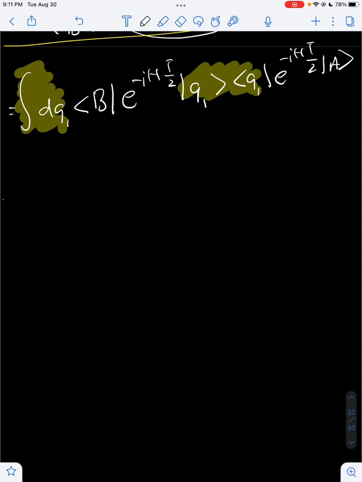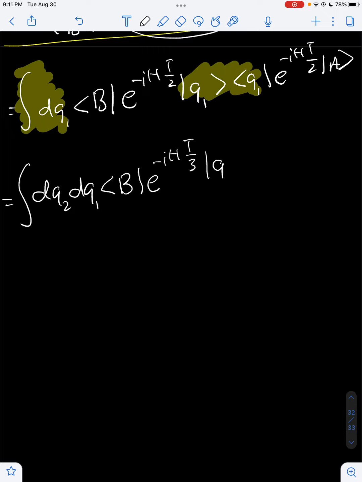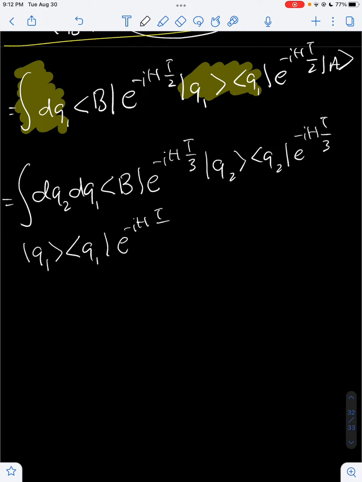This is the same thing as the integral over dq2 dq1 of ⟨b| e to the minus i H t over 3 |q2⟩⟨q2| e to the minus i H t over 3 |q1⟩⟨q1| e to the minus i H t over 3 |a⟩, right?